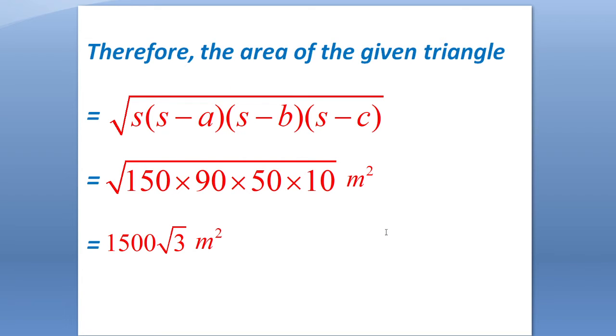So 150 into 90 into 50 into 10 gives us 1500 root 3 meter square. So repeat all these examples also at your home.